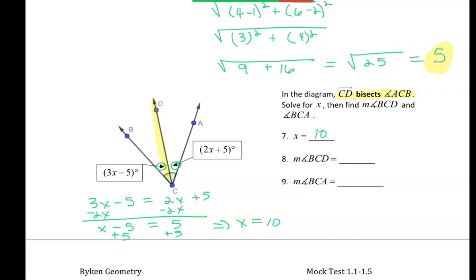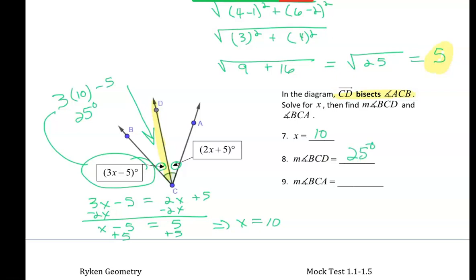The measure of BCD. BCD is this angle right here. That's the expression. Take that expression, wherever you have an x, plug in the 10. That's going to give me 25 degrees. This is 25 degrees. I know that this one has to be 25 degrees since I know those 2 angles are equal.